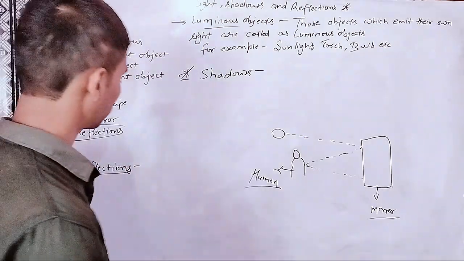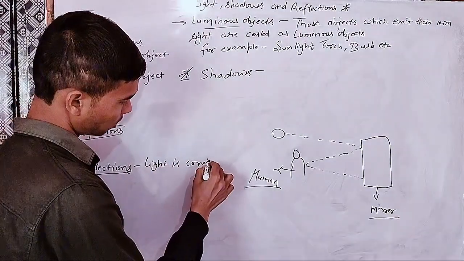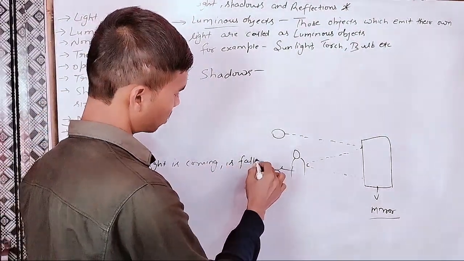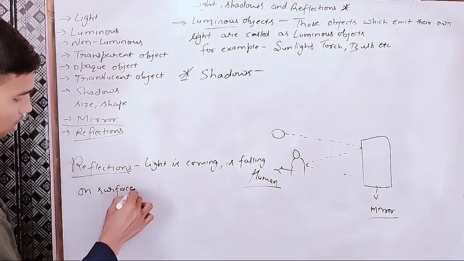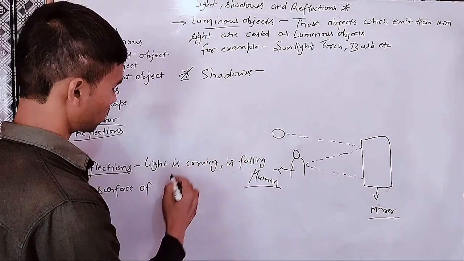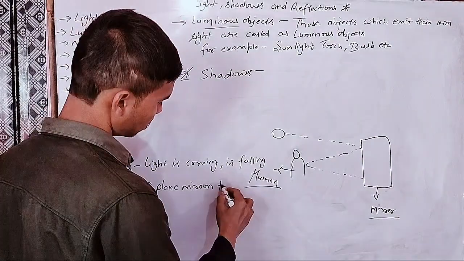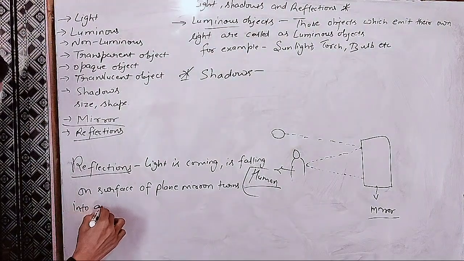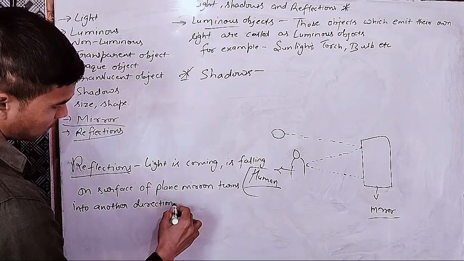We can say easily that light is falling on the surface of a plane mirror, turns into another direction.